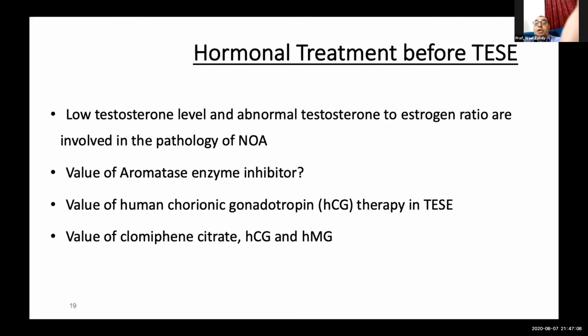Basically, testosterone levels inside the testicles are 100 times the serum levels, and these testosterone levels are important to restore Sertoli cell function, to improve DNA synthesis in the spermatogonia, to enhance spermatogenesis and spermiogenesis, and improve spermiation. So again, hormonal treatment is debatable, as we will discuss later. Next.